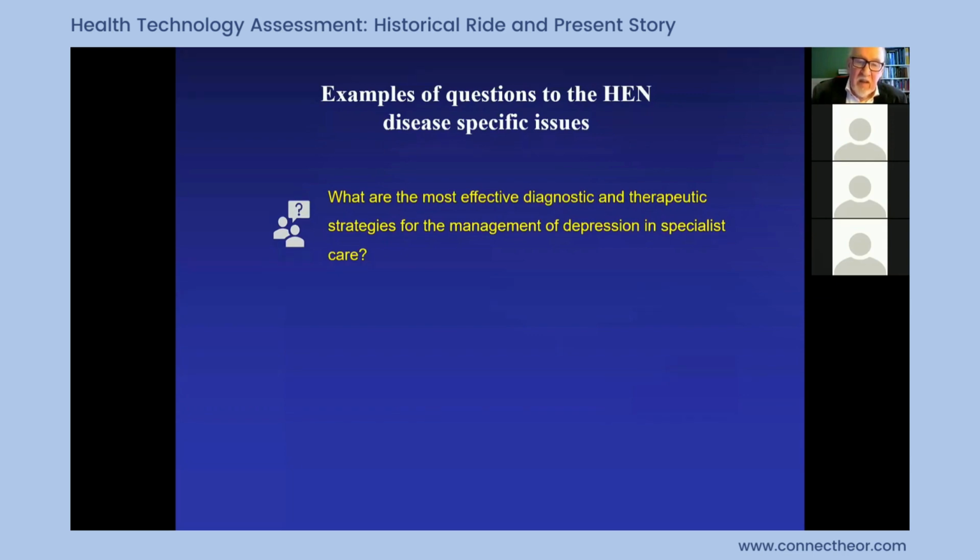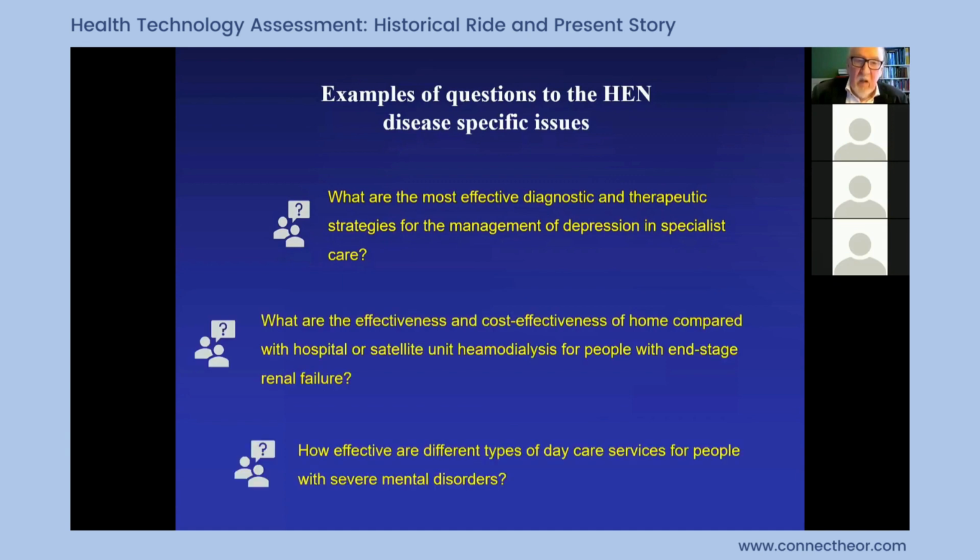For example, here are some examples of questions. What are the most effective diagnostic and therapeutic strategies for the management of depression in specialist care? It's not going into any specific technology. This is the usual way policymakers are asking for problems to be solved. They ask, what is the best way to treat depression? What is the best way to prevent suicide among young people, etc.?